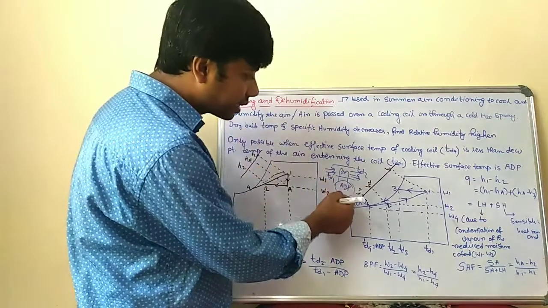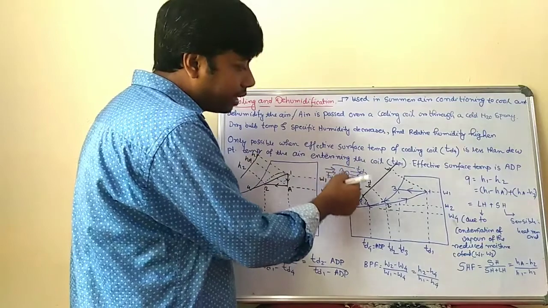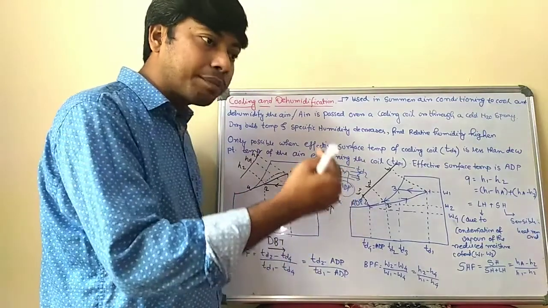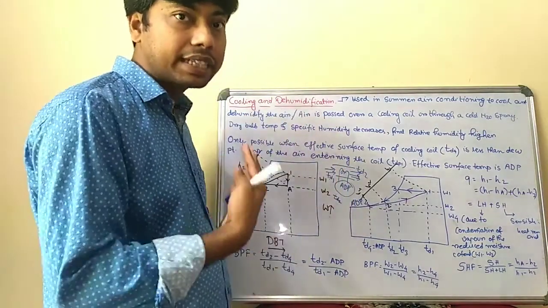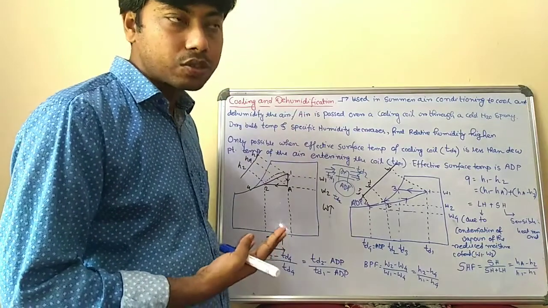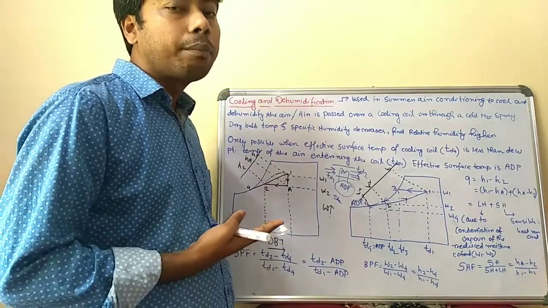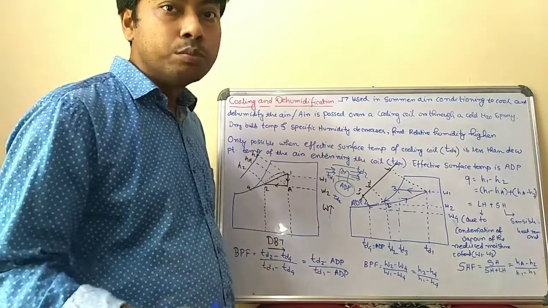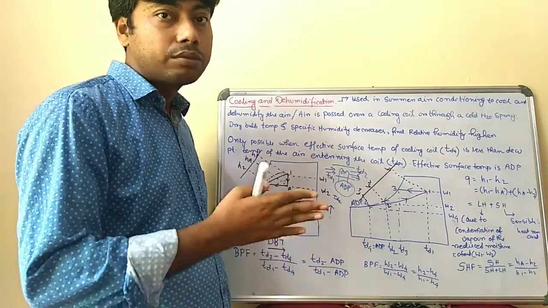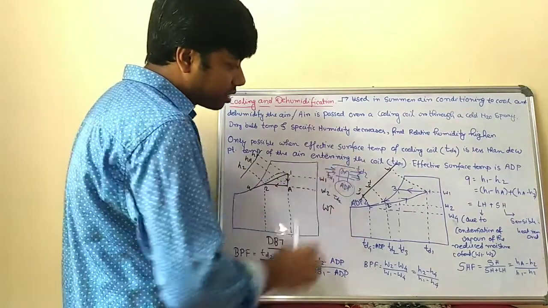Then you have to select the cooling coil temperature below that dew point temperature, so that condensation takes place and some of the moisture is removed from the entering air.